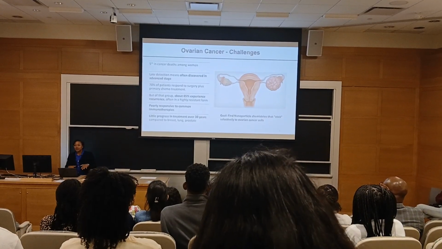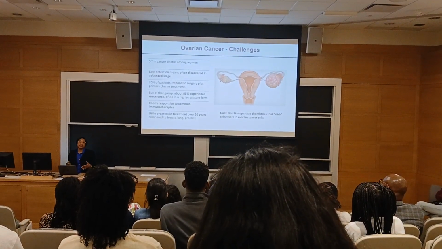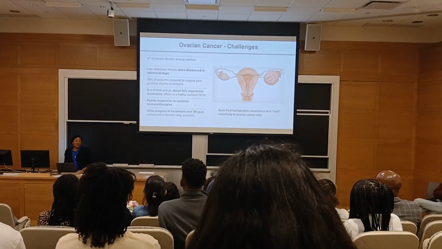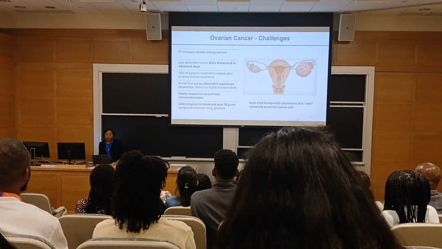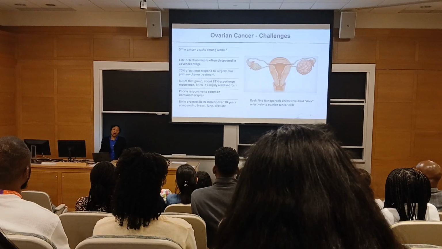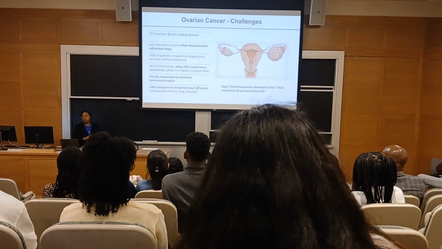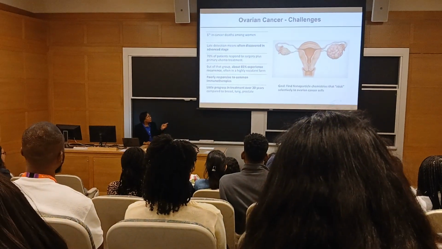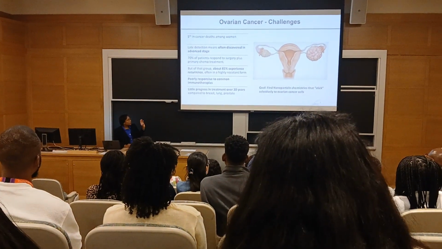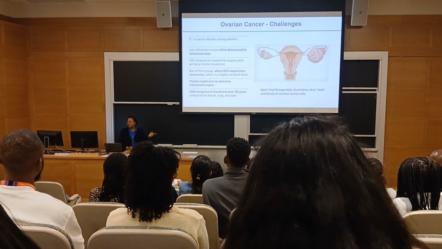First of all, ovarian cancer has very subtle changes that occur. So it's detected really late. Typically, it takes a while for the doctor to get it right. And by that time, we're at the third or fourth stage of the cancer. On top of that, ovarian cancer tends to respond to treatment the first time.